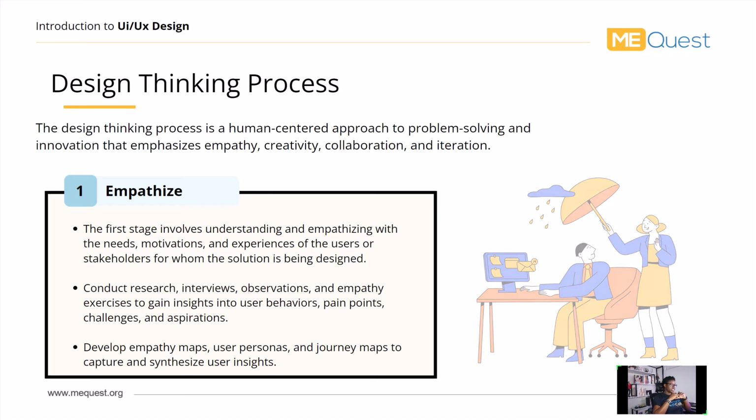You need to conduct research, interviews, observation, and empathy exercises to gain insight into user behavior, pain points, challenges, and aspirations, right? Develop empathy maps, user personas, and journey maps to capture and synthesize user insight.